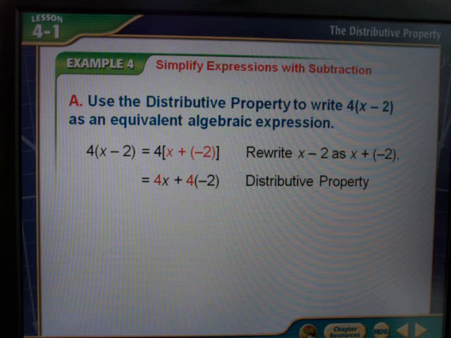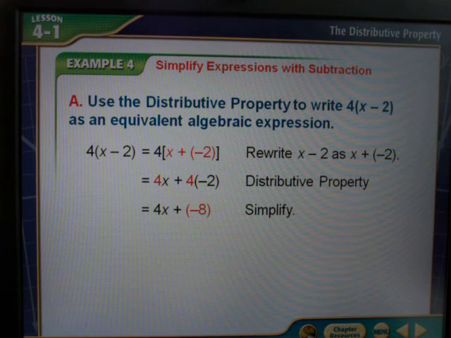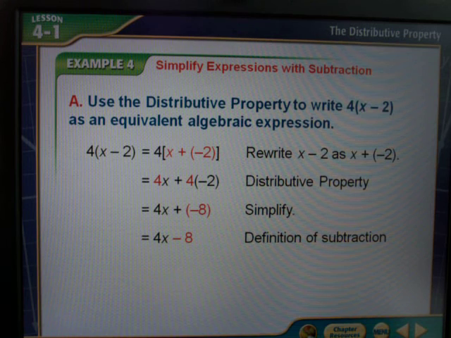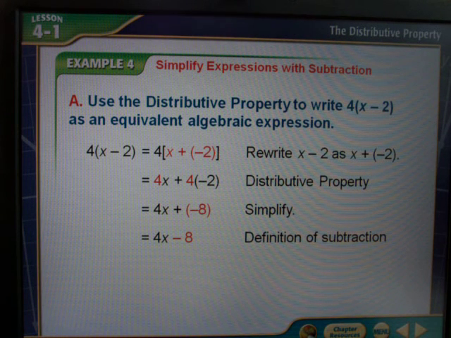So we're going to be left with 4x minus 8. And they rewrite this with the plus sign just so that you recognize that you're dealing with a negative number, and you don't lose that negative number, because that subtraction means the same thing as a negative number.